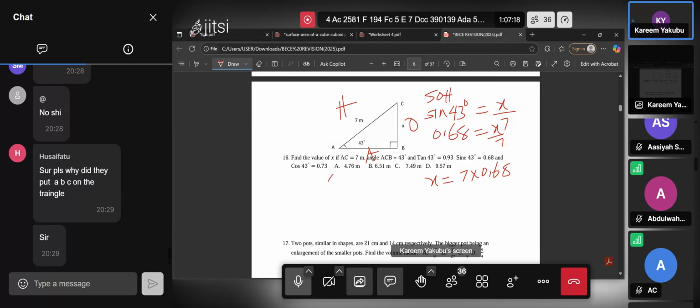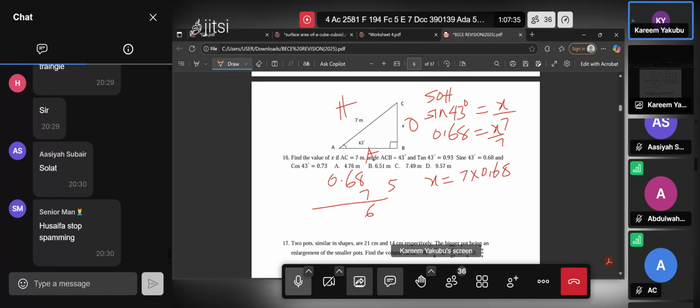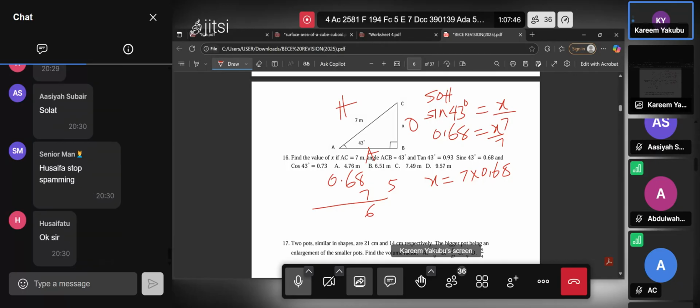So we are just going to say x equals 7 times 0.68. I don't think they will allow you to use a calculator in Lagos BECE, but in NECO you will be allowed to use a calculator. So 7 times 8 is 56. 7 times 6 is 42, 42 plus 5 is 47.